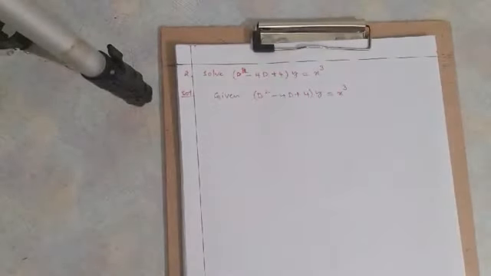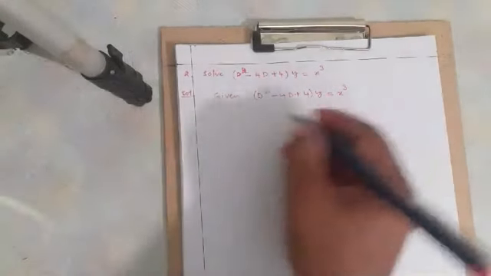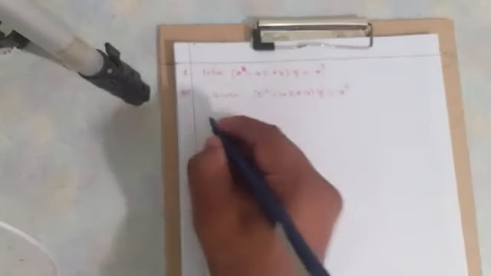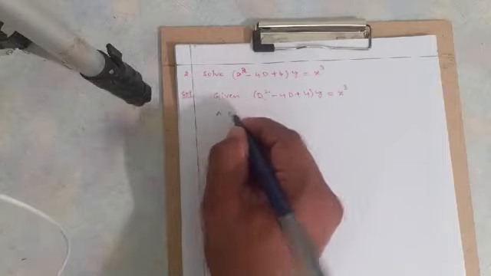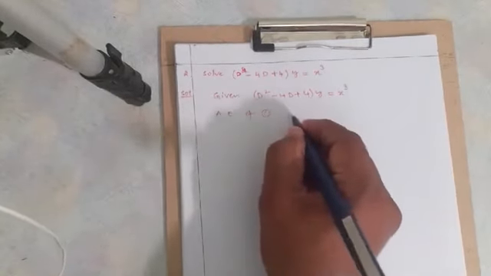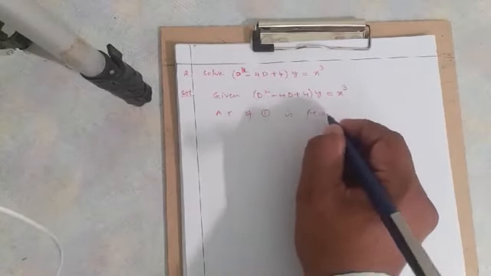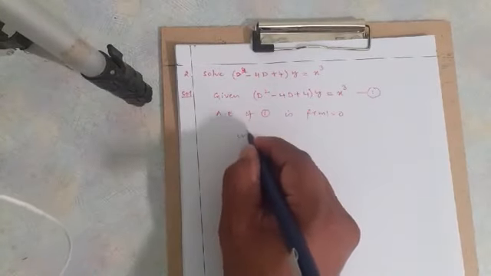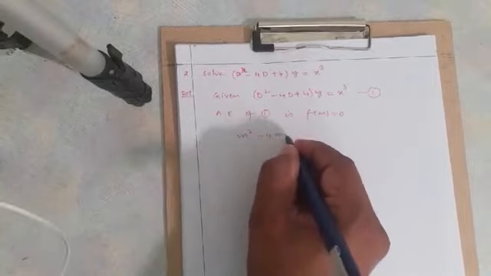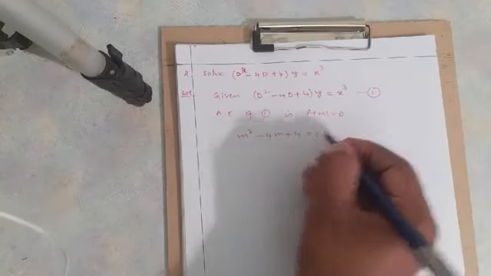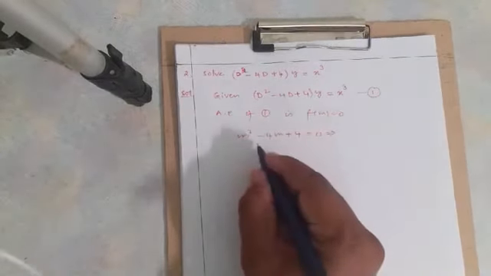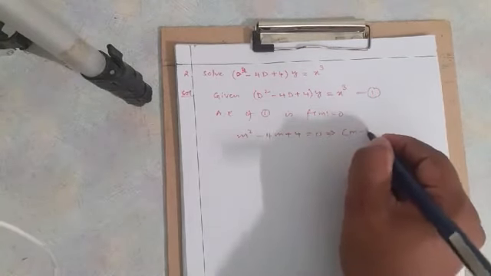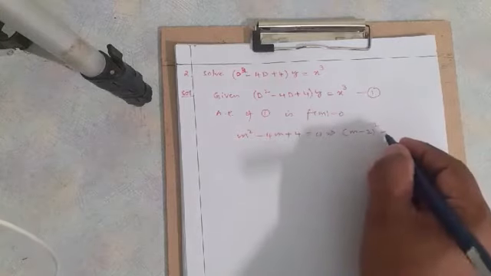Now, as you know, we have to find the roots by taking the auxiliary equation. Auxiliary equation of 1 is f of m is equal to 0, as we are taking this as equation 1. Now this becomes m square minus 4m plus 4 is equal to 0, which is in the form of a minus b whole square, that is m minus 2 whole square equal to 0.